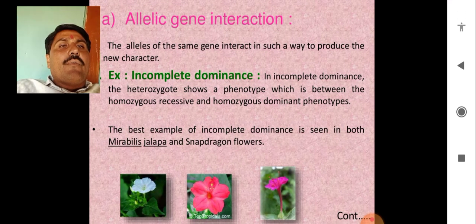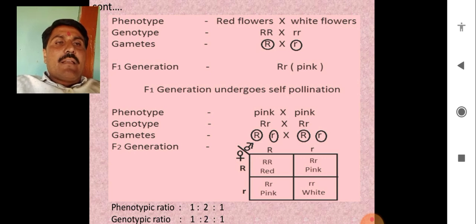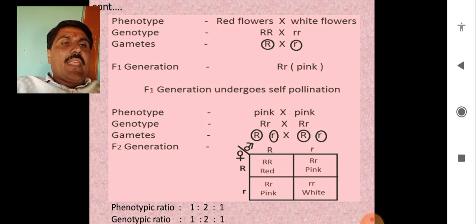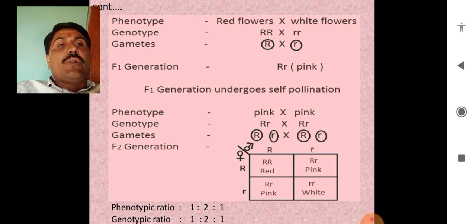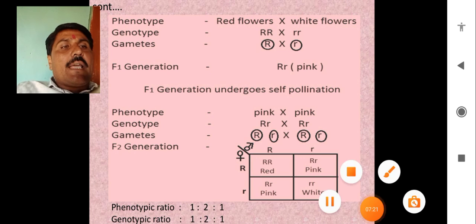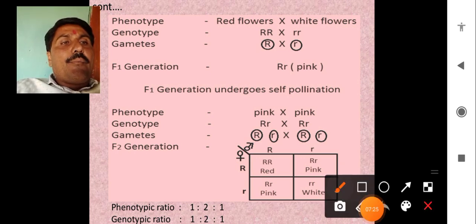Well, while studying Mirabilis jalapa, we see the same: the red color flower and the white color flower were observed, but the genotypes of these flowers were pure.